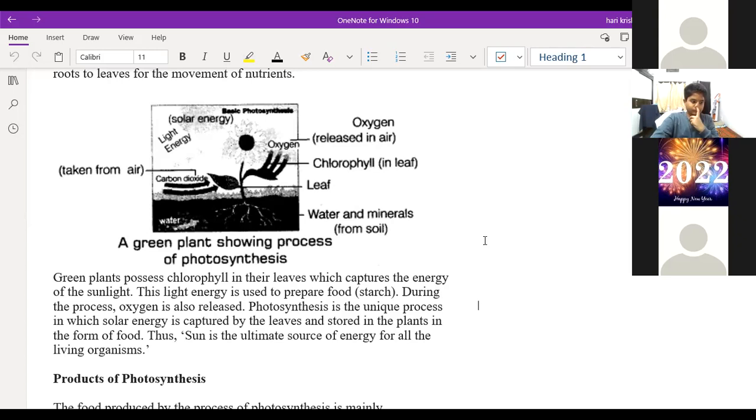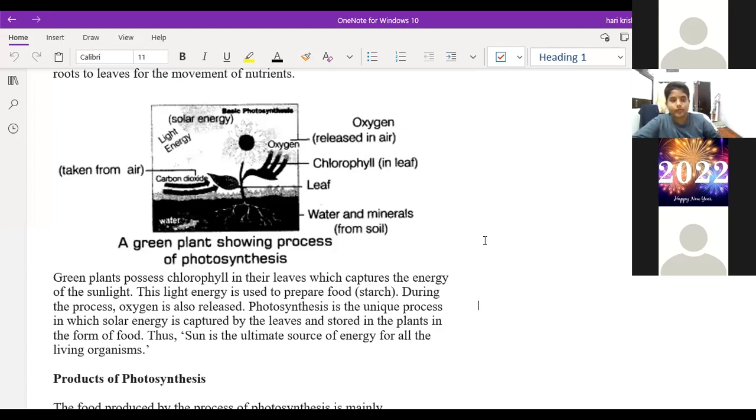Yes or no? Without the transpiration process, will water travel from roots to leaves? Is it possible? No, sir.